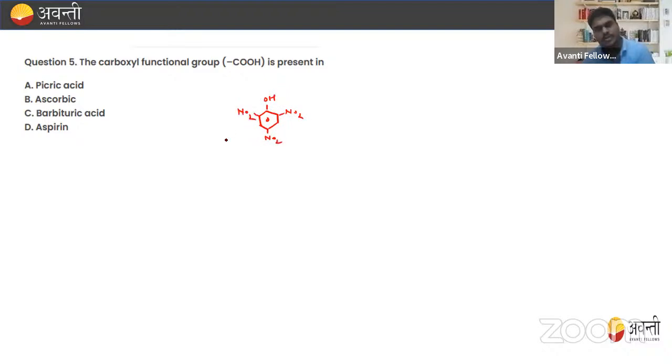This is the formula of picric acid, that is 2,4,6-trinitrophenol. So in this, the COOH group is not present. Ascorbic acid also does not have this. Barbituric acid also doesn't. So we are left with aspirin. So aspirin has the carboxylic functional group. The carboxylic functional group COOH is present in aspirin.